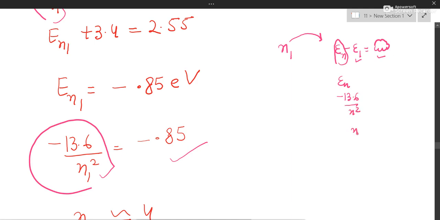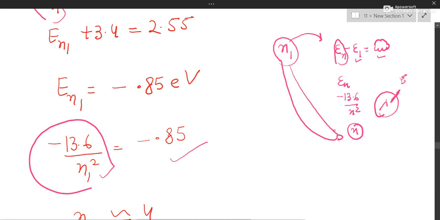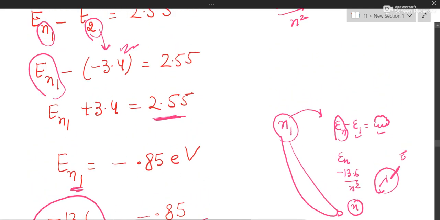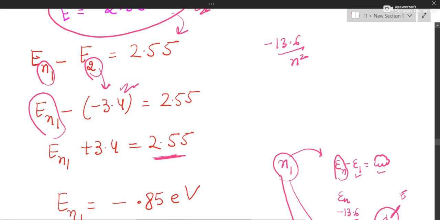When the transition is made from here to here, that wavelength is released. We have found the energy from the wavelength, and the energy difference of these two is kept equal to it. We'll have to do it very carefully and finally find N1.